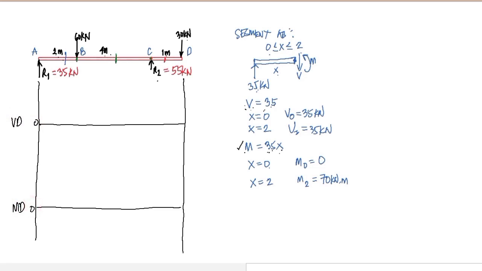And kung titingnan natin dito, at x is equal to 0, the shear is equal to 35.